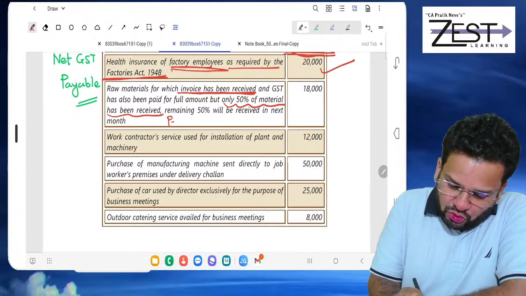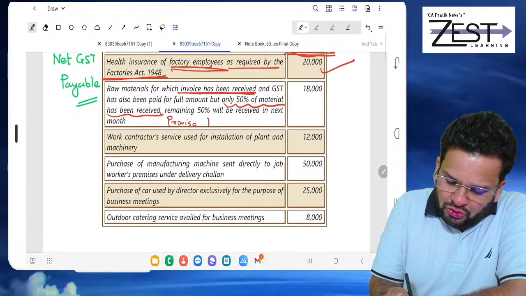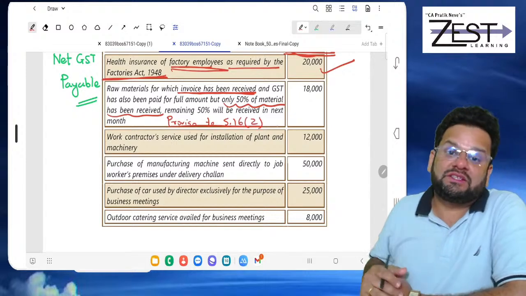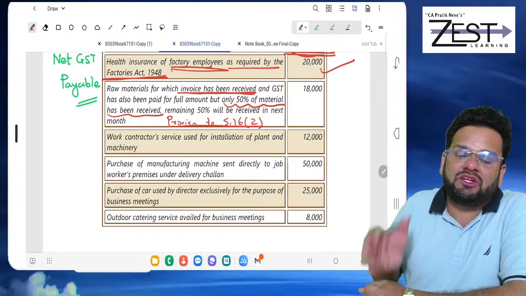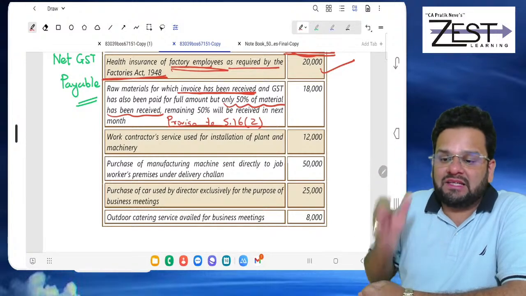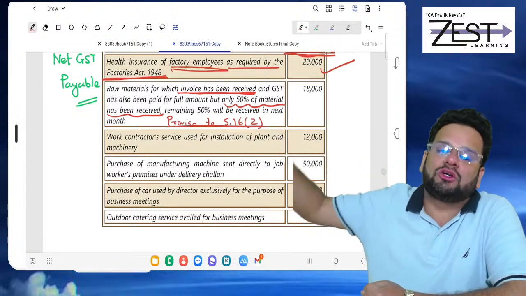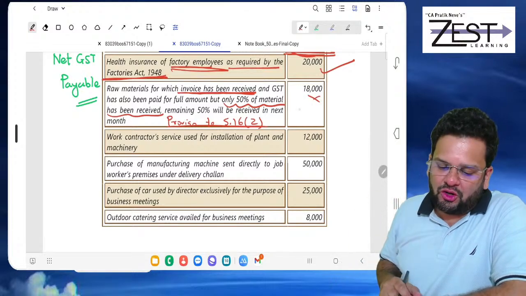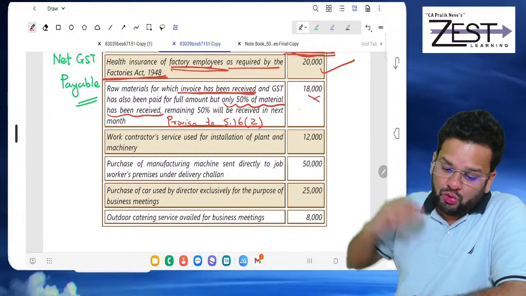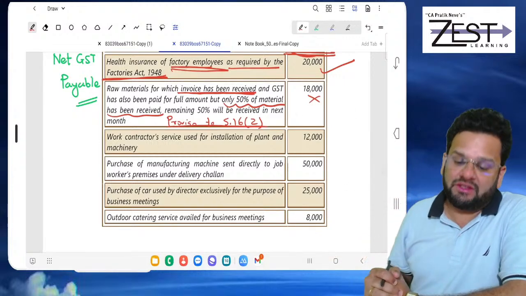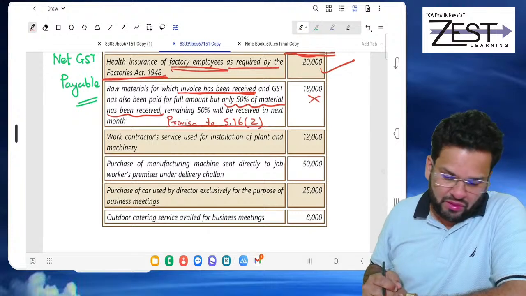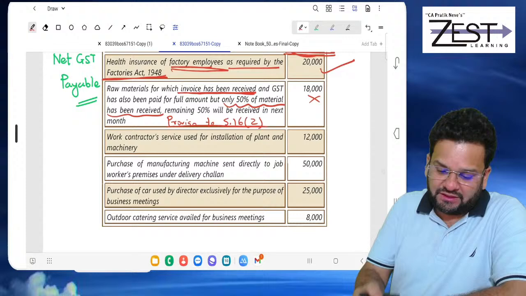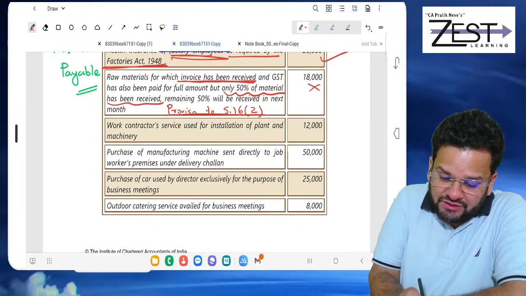There is a first proviso to section 16 subsection 2, which says that if inputs are received in lots or installments, ITC can be claimed only on receipt of the last lot or installment. So friends, on this 18,000 you cannot claim ITC right now. You can claim when you receive the remaining 50%. Wonderful. I can see Ashima also answering. Well done.